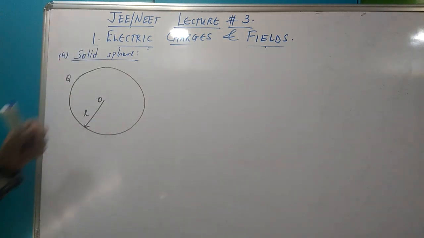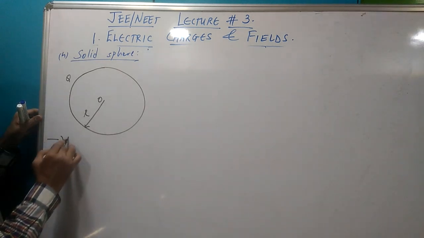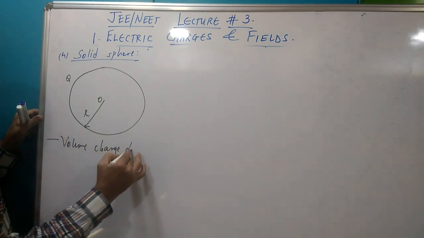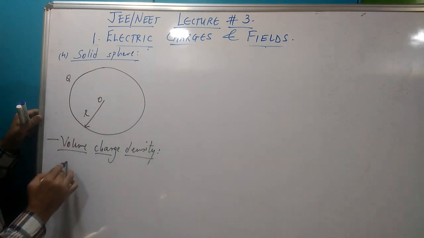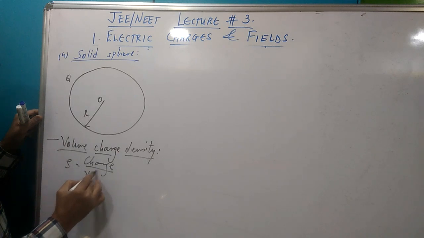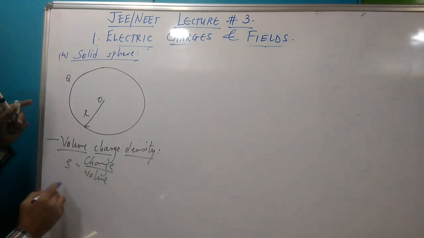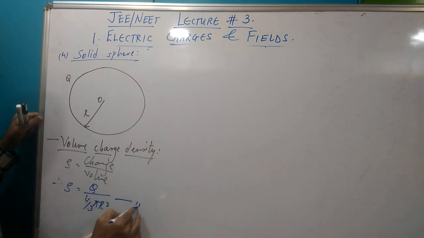That is why this is a solid sphere, and a solid sphere will have volume charge density, one of our favorite items. Rho is charge over volume, which is Q over 4 by 3 pi r cube.